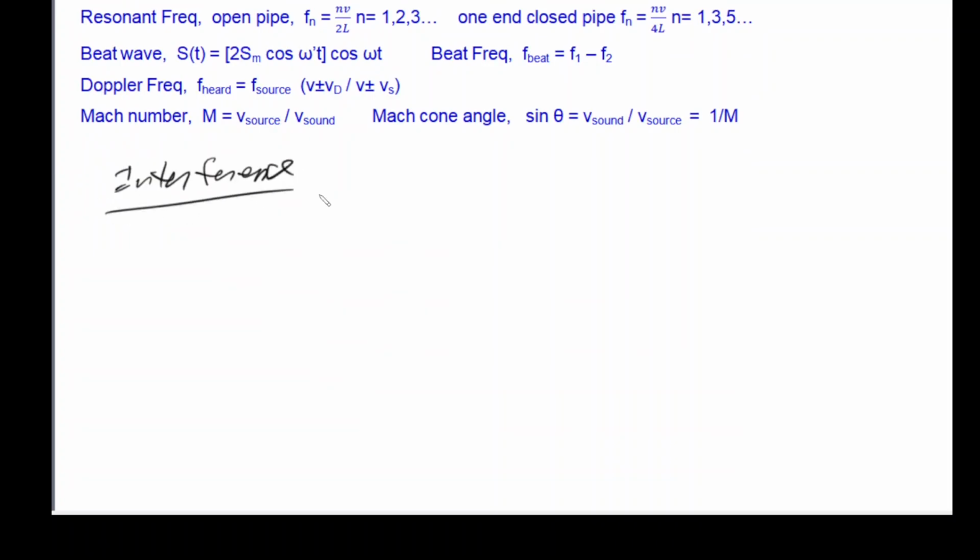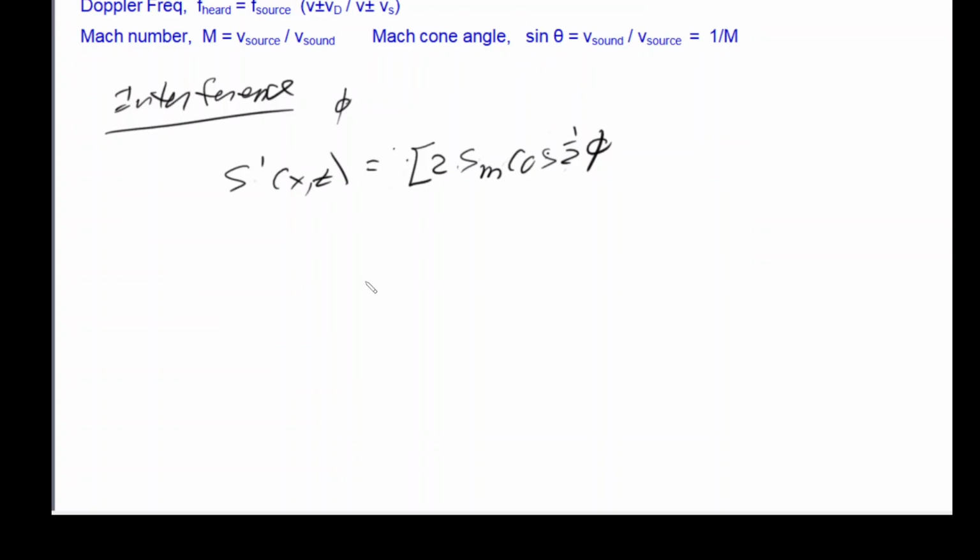So basically, if we have two sound waves with the same amplitude and wavelength, both going in the plus x direction, with a phase difference of phi, that gives a resulting sound wave s prime of x of t equal to 2 sm cosine 1/2 phi times cosine of kx minus omega t plus 1/2 phi to account for the phase difference.